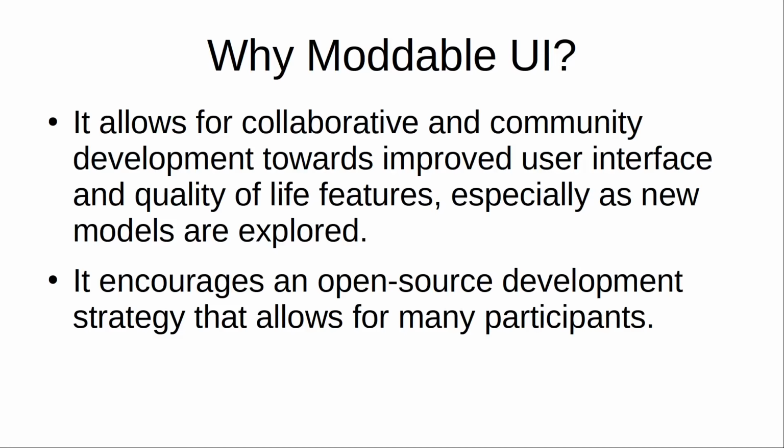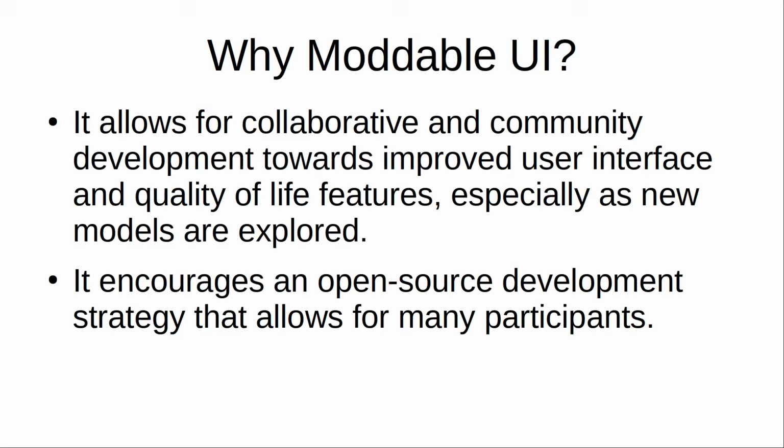It also encourages an open source development strategy that allows for many participants. A major issue, for example, in accessibility game development is that while disabled people may have access to consulting positions and may offer their support or ideas, they don't necessarily have development positions. They don't necessarily have positions of privileged access to things like the code and creative input.